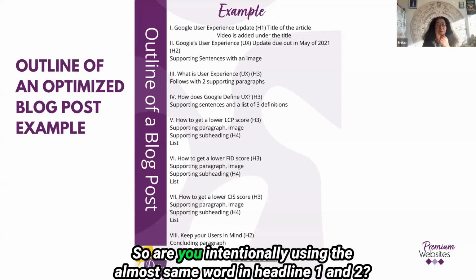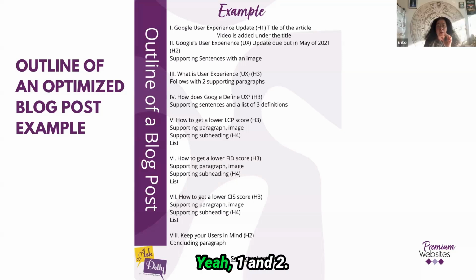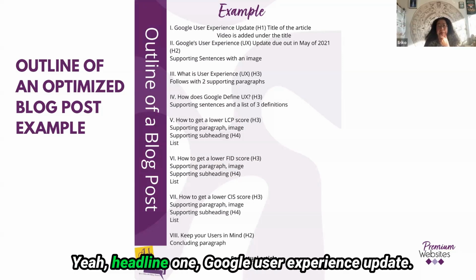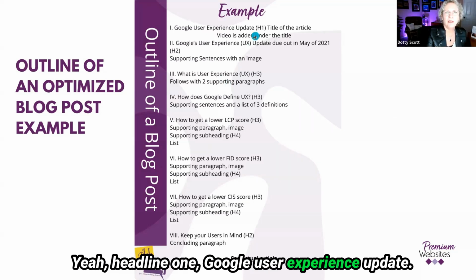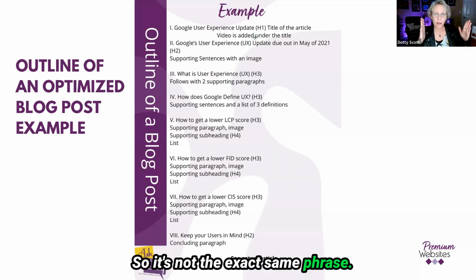So are you intentionally using almost the same word in headline one and two? Yes, I am. That's very intentional. Headline one: Google user experience update. So it's not the exact same phrase.